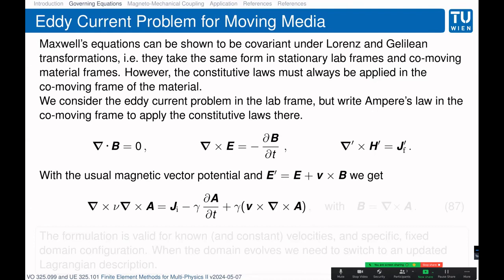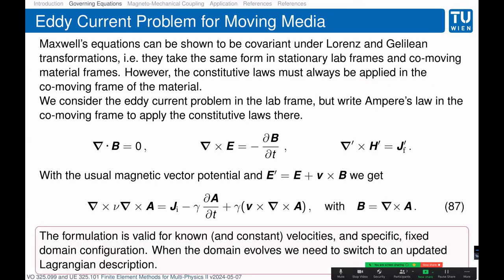And here we have from the Galilean transformation the field in the lab frame plus the motional EMF term v x B. If we do this and introduce our common vector potential, again we get this form of the equation where we have the usual curl term, the impressed current density, the usual time derivative, and an additional motional EMF term with v x the curl of A.